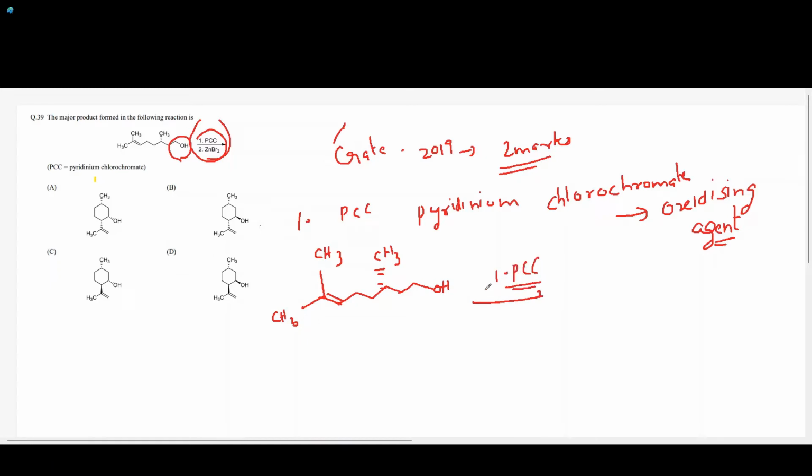The main function of PCC as an oxidizing agent is converting your primary alcohol to aldehydes, right? So what does an oxidizing agent do? It converts an alcohol or anything, it oxidizes it. So this is your primary alcohol.